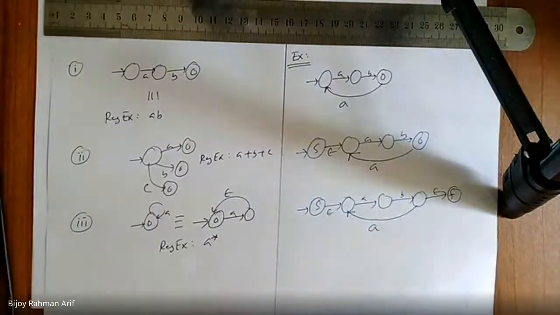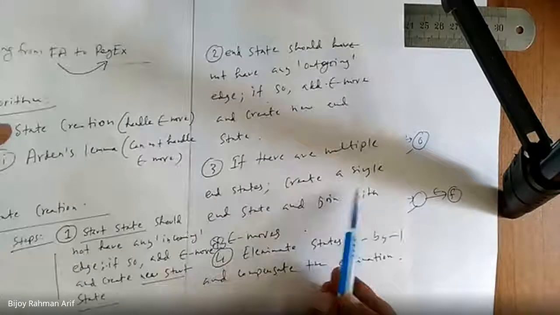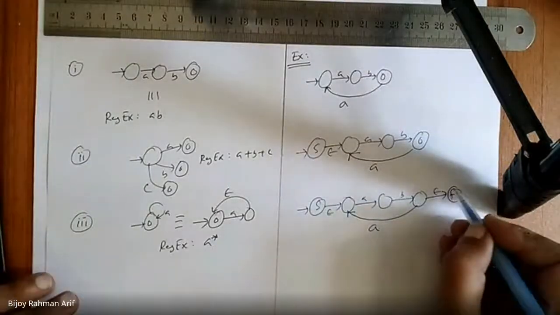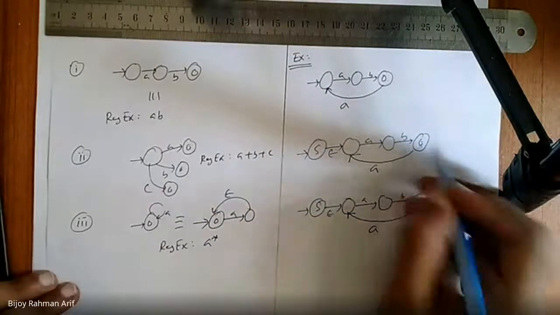Then, if there are multiple end states, create a single end state and join with epsilon moves. Now there is only one final state, so it is fine.